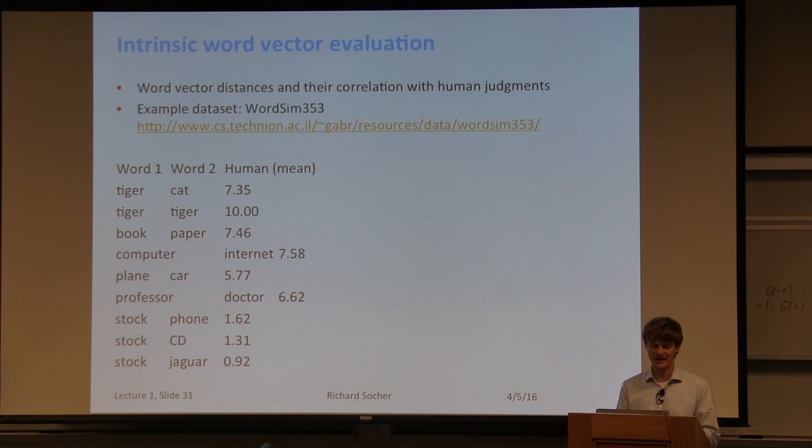Tiger and cat, these two words, then they might say, well, if 1 is they have nothing to do with each other, and 10 is they're basically synonymous, they're exactly the same, then tiger and cat is 7.3. Very subjective, of course, might be culturally dependent, and so on. Usually, you just ask a bunch of college students who are around when the researchers did their research. So there are again potential problems, but in general, it's helpful, right?